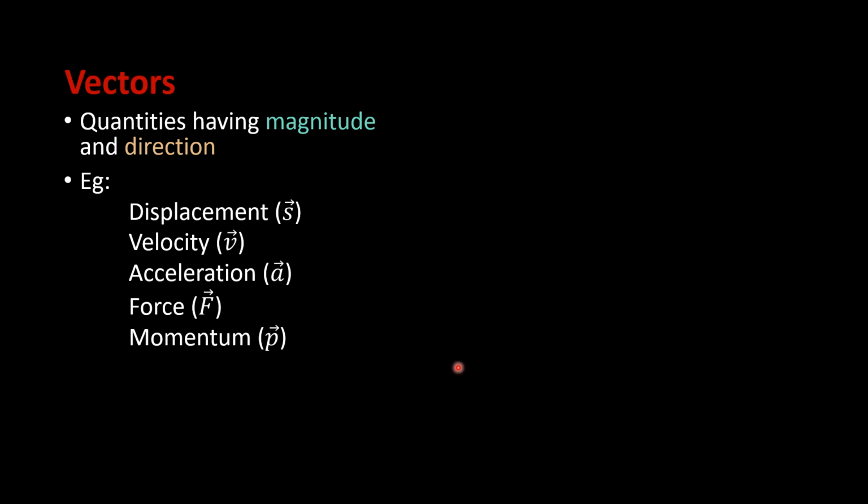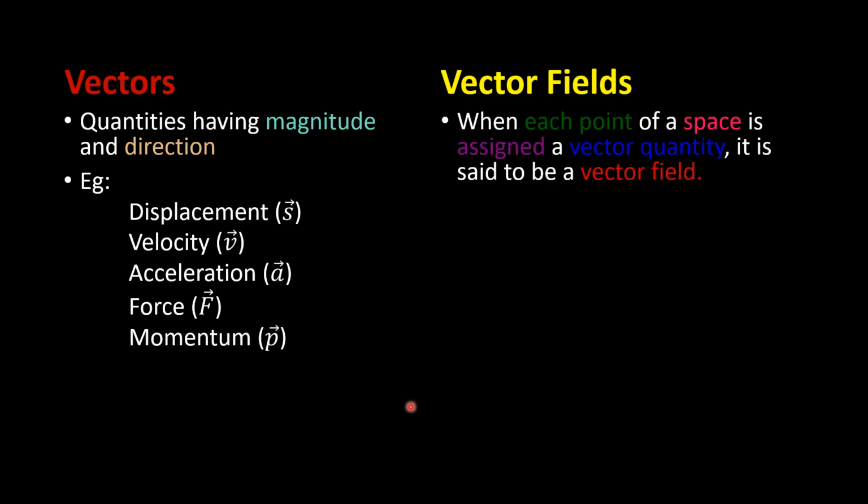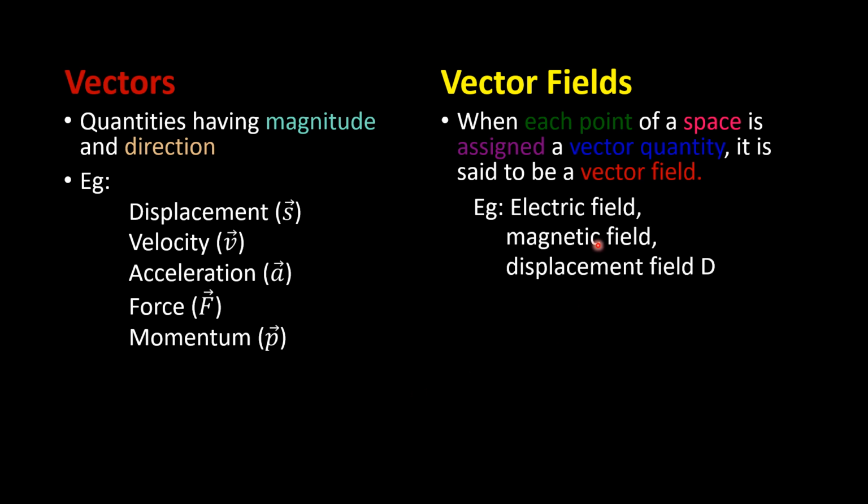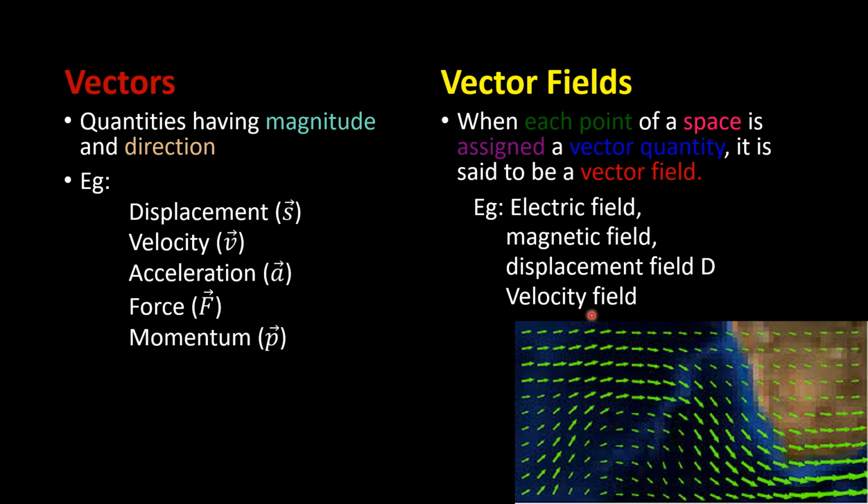And in a certain region with time, if we can assign a vector to each and every point in space with time, that is called a vector field. So examples for vector fields could be electric field, magnetic field, displacement field, and a fluid flow. It could be liquid or gas, which can also be called a velocity field.